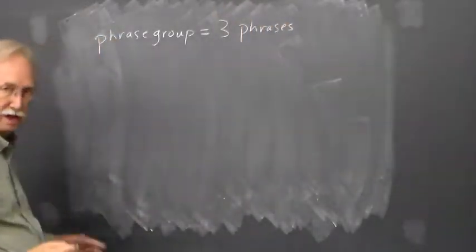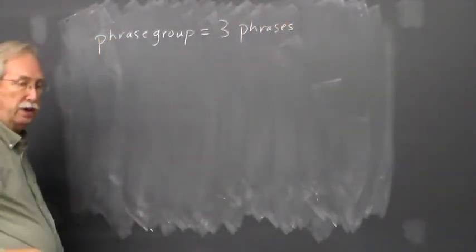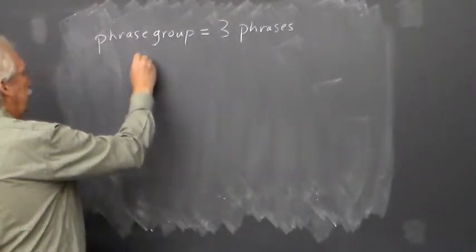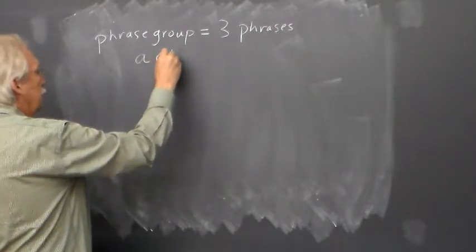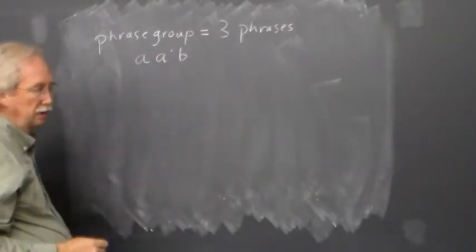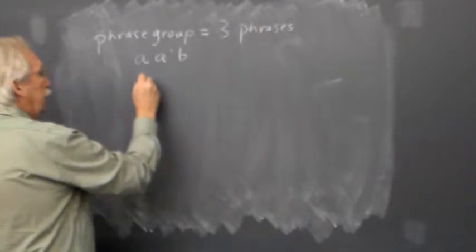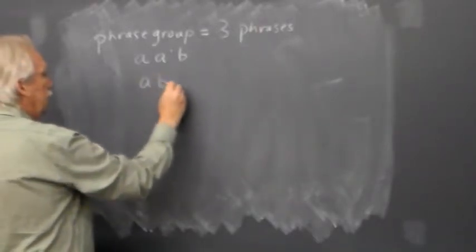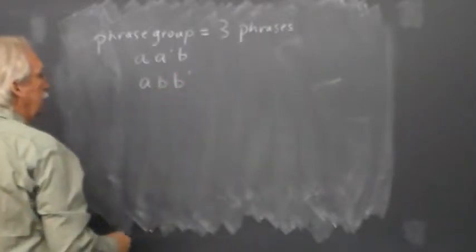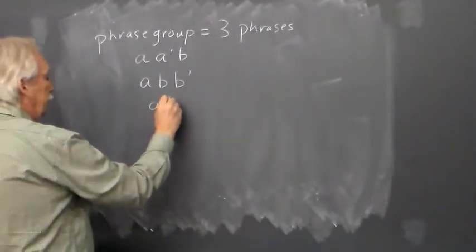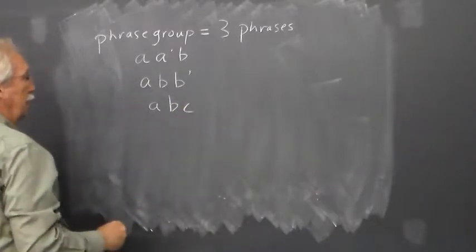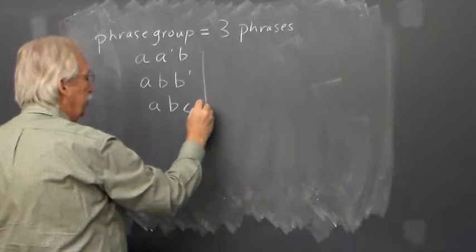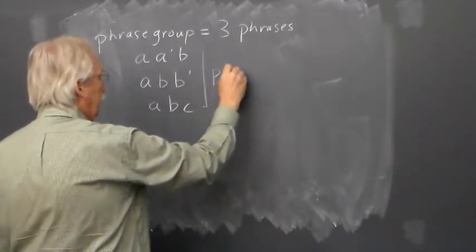And so having an extra phrase there compared to a period, that gives you more possibilities for combination. So you can have something like this. That's an example of a phrase group. You could have something like this. That's another. Here's another possibility. And so all of these would be examples of phrase groups.